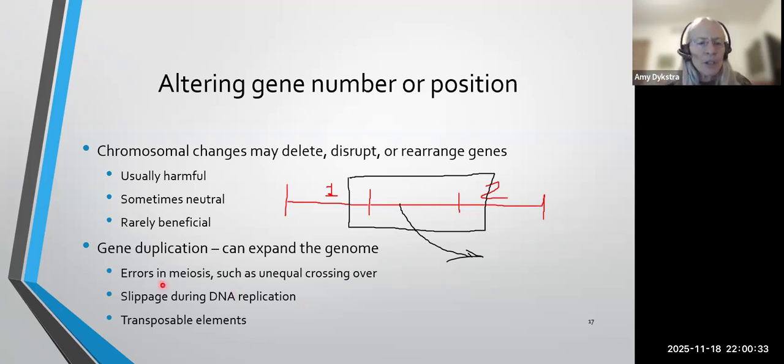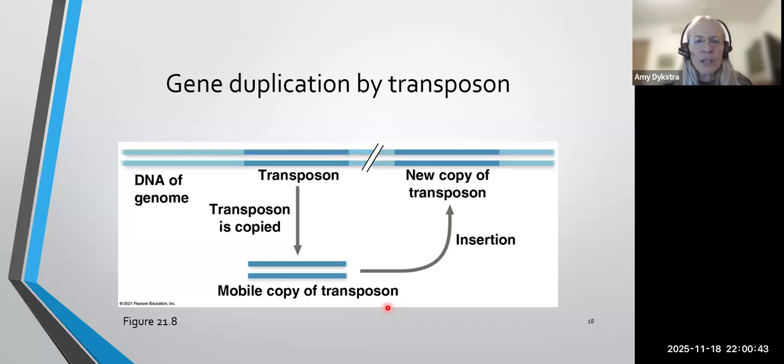There can be slippage during DNA replication, where a part of the DNA can be copied twice. And then there are transposable elements, and I'll show you a diagram of this. A transposable element is a piece of DNA that can move to another location in the genome.